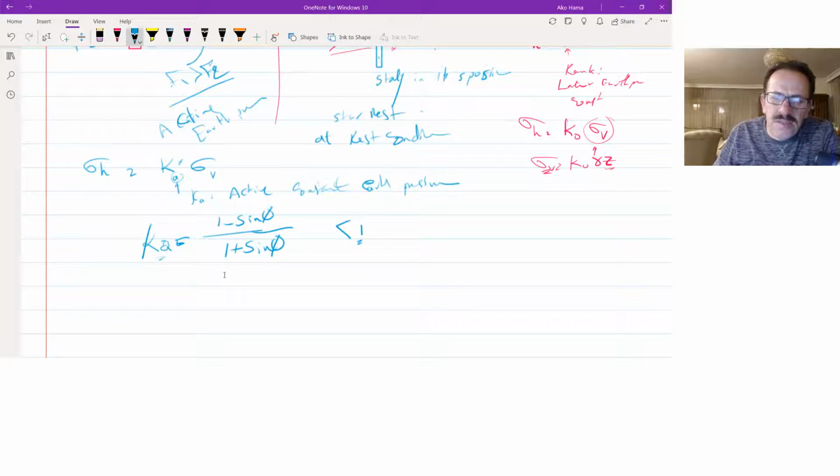This means that for granular soils, the produced lateral earth pressure will be less than the vertical pressure, but it will be high enough this way.